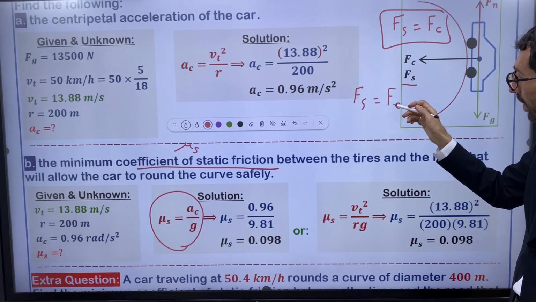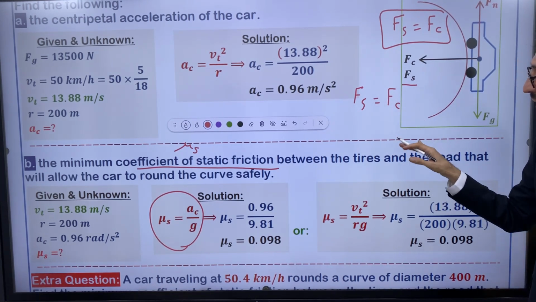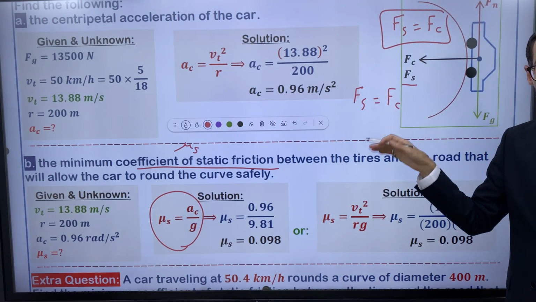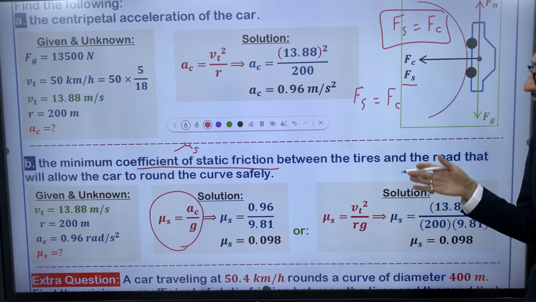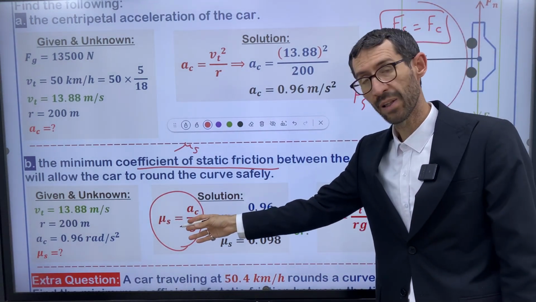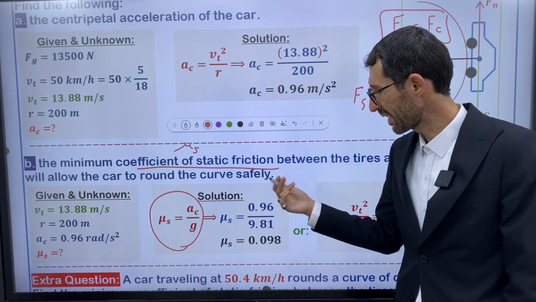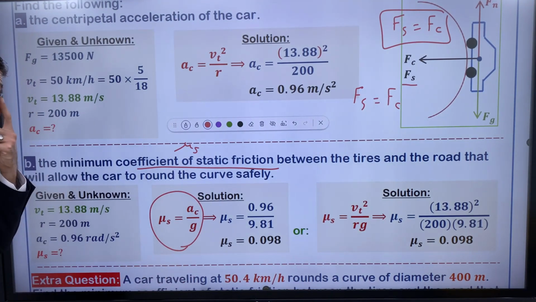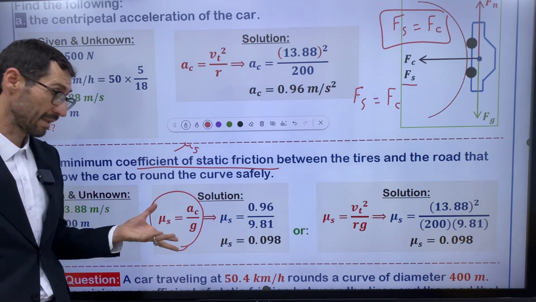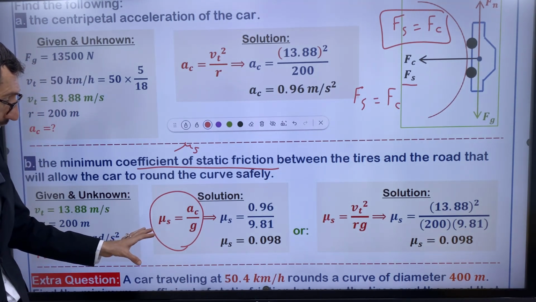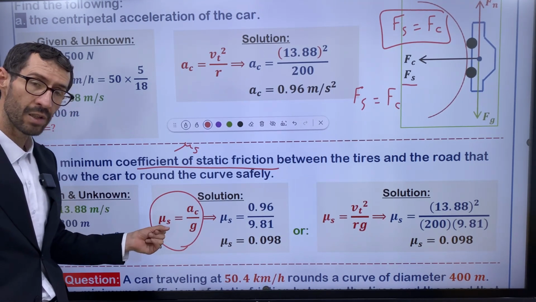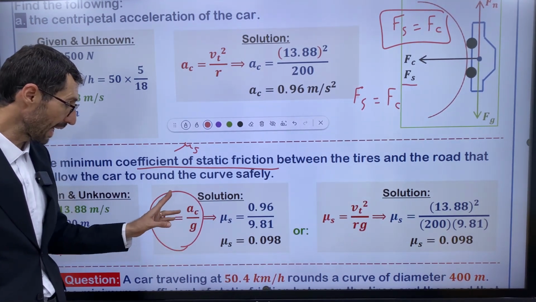If you open the rule of Fc, if you open the rule of Fs, and after that, you get this value. That's why it takes time, actually. It kills our time. That's why I didn't prove it for you. I just wrote the direct rule. Mu s is equal to AC over AG.